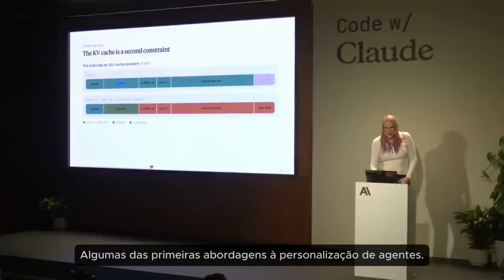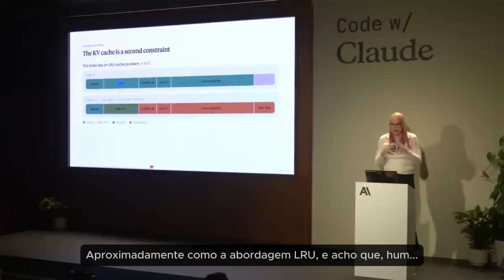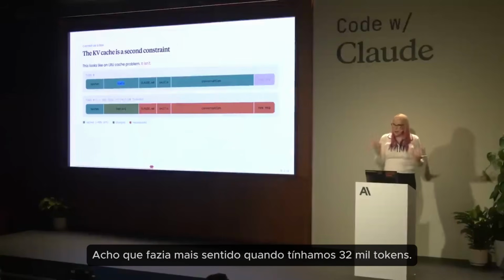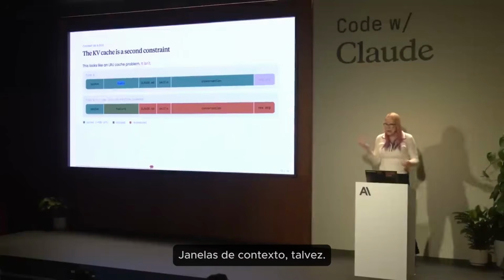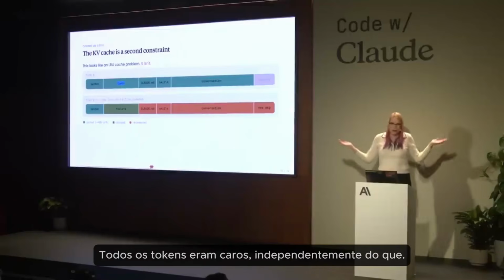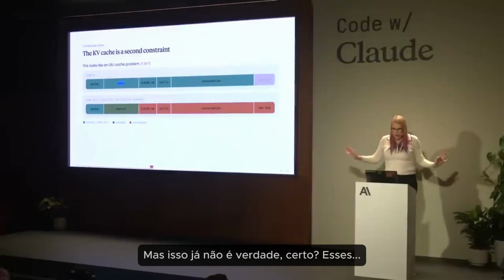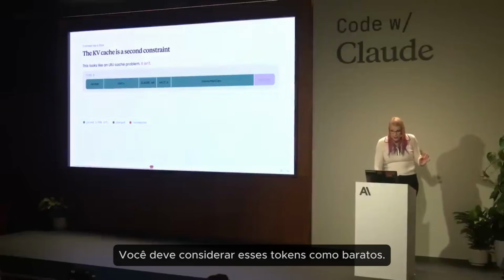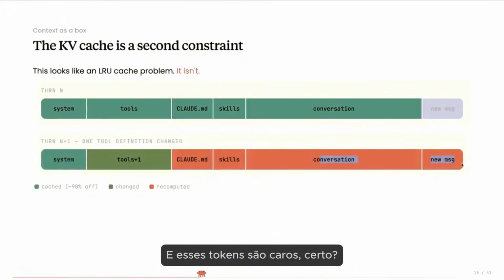I think some of the early approaches to agentic customization did take a very LRU cache approach, and I think it made more sense when we had 32,000 token context windows, maybe, and all of the tokens were expensive no matter what, and KV caching wasn't as efficient. But none of that's true anymore, right? You should think of these tokens as cheap and these tokens as expensive, right?